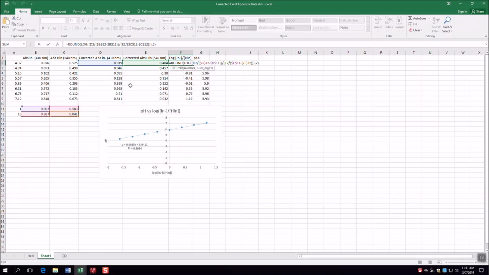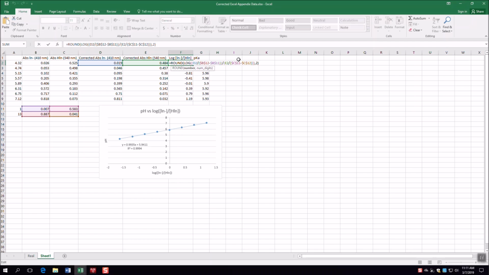So I have C11 minus C12. That solves for that entire equation. I have the log of my absorbance of B divided by my absorbance of B at pH 13, and I have that full value divided by the absorbance of my HIN divided by the absorbance of HIN at pH 1.